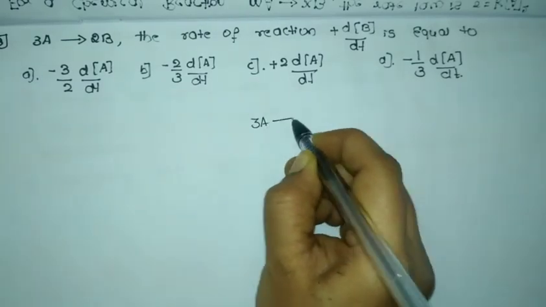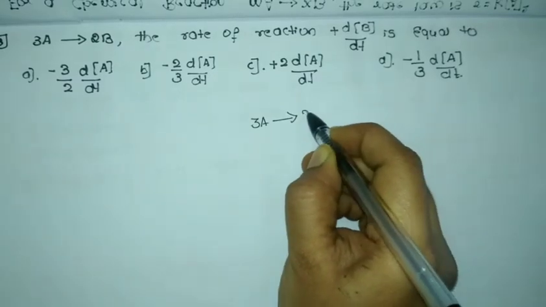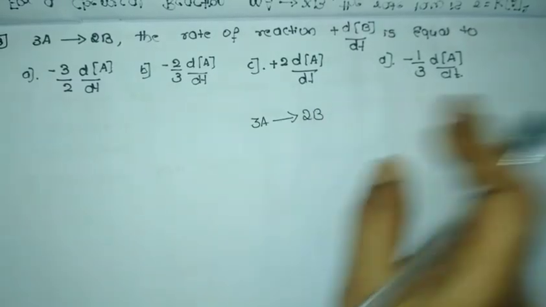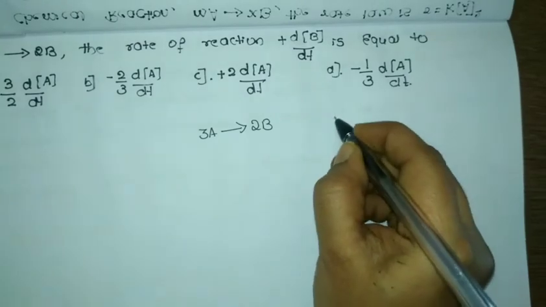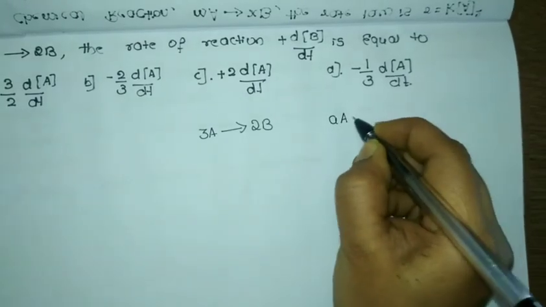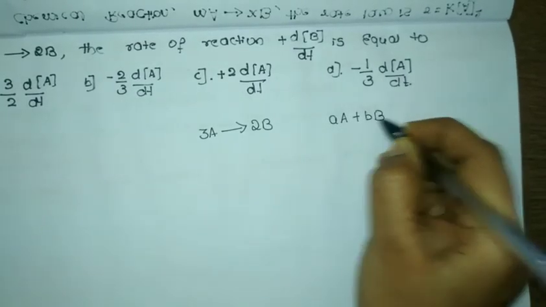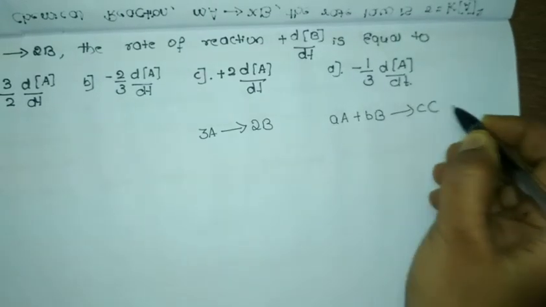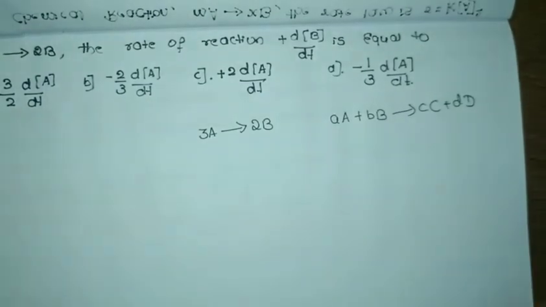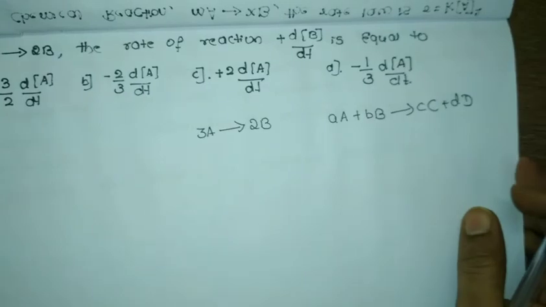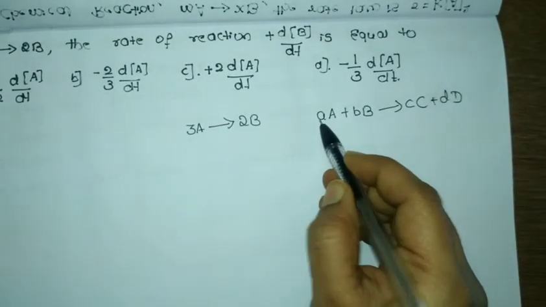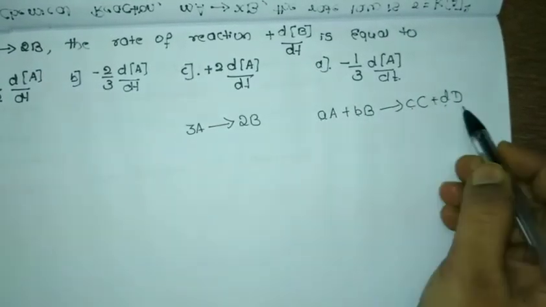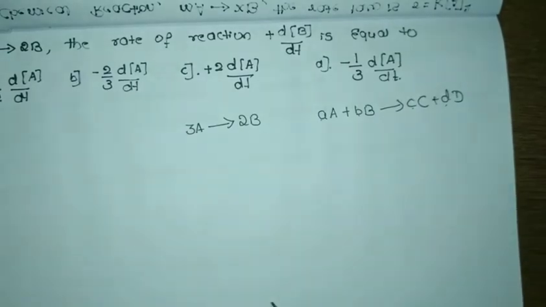So let us take 3A gives 2B, and forget about that for now. There is an easy way: a moles of A and b moles of B will react to give c moles of C plus d moles of D. If I tell you to write the rate equation for this, the small letters are the moles that are reacting.